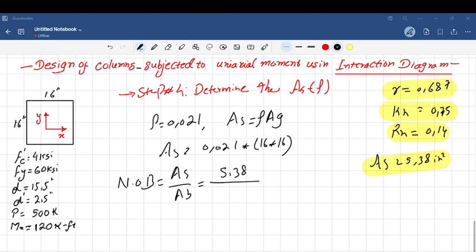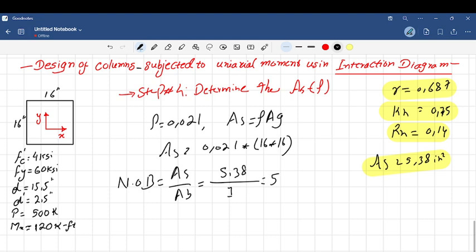So let's assume number 9 this time. Number 9 has 1 square inch area. So if we divide 5.38 by 1, we are simply getting 5.38.